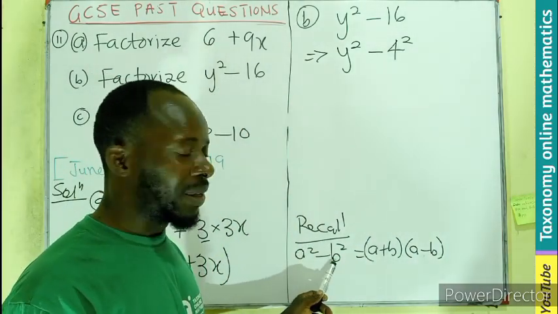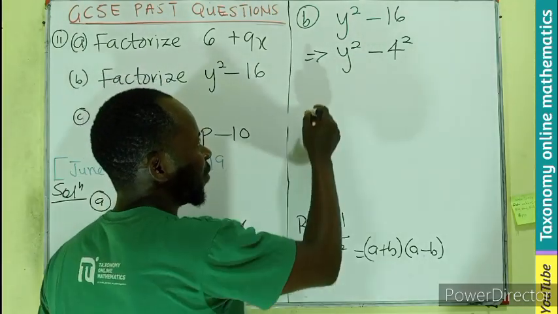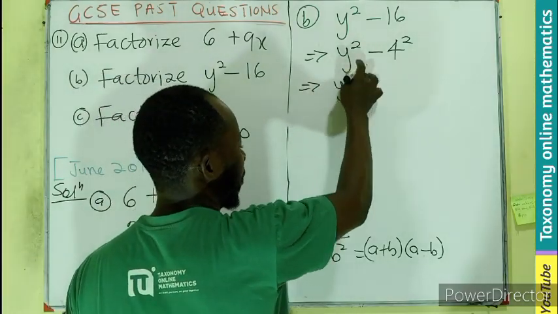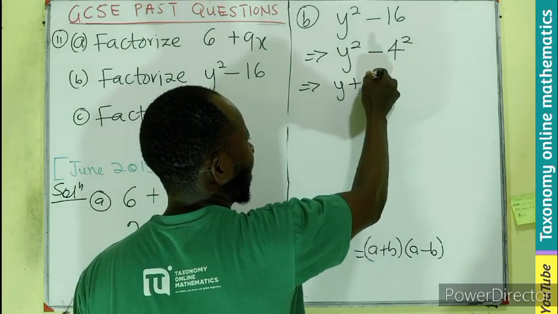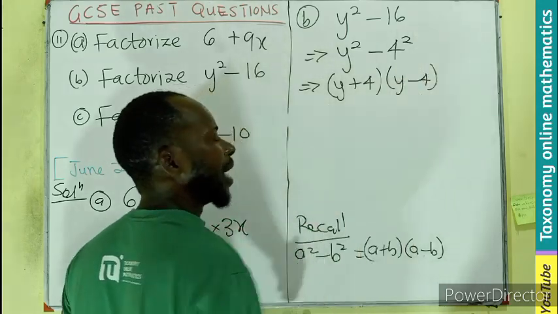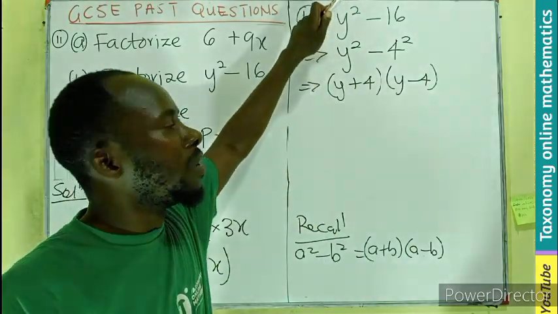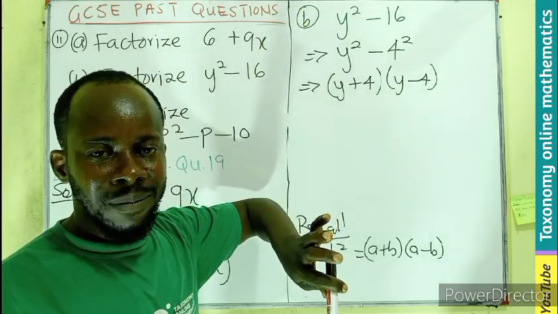First term squared, second term squared, the difference between the two, as we are seeing here. This means the first term plus the second term, multiplying the first term minus what? The second term. So that becomes the factorized version of y squared minus 16.